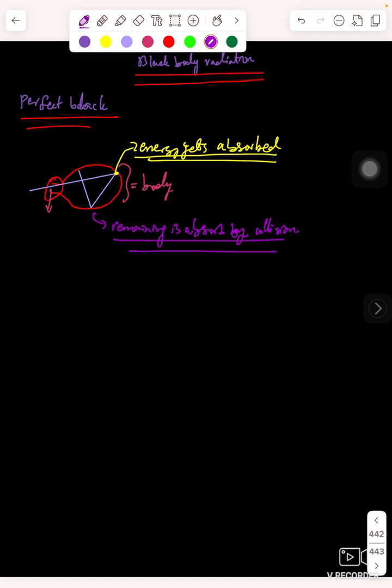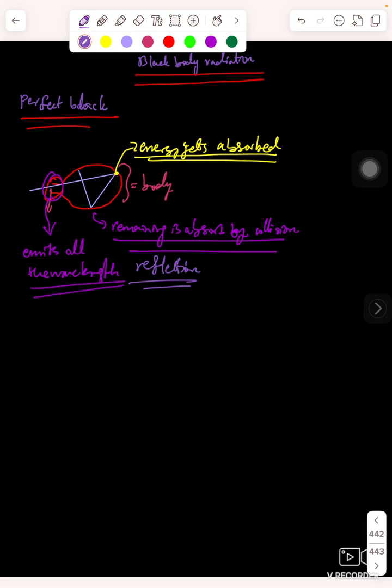Okay. Now, the process through which it's absorbed is reflection. Now, after the energies have been absorbed, the narrow hole through which the light went through emits all the wavelengths of light.